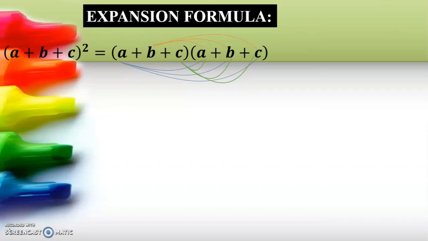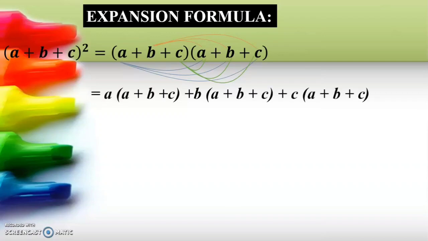And we get a multiplied by (a + b + c) plus b multiplied by (a + b + c) plus c multiplied by (a + b + c). Now again we multiply a, the first term, with each element in the bracket, that is a multiplied with a, plus a multiplied by b, plus a into c.